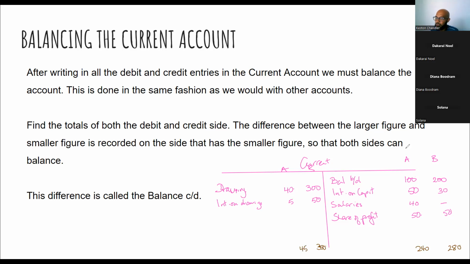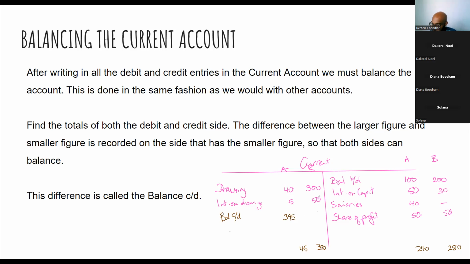Now let's look at partner A. Partner A, the smaller side is here, where we have the 45. So my balance carried on is going to be on this side, $395.